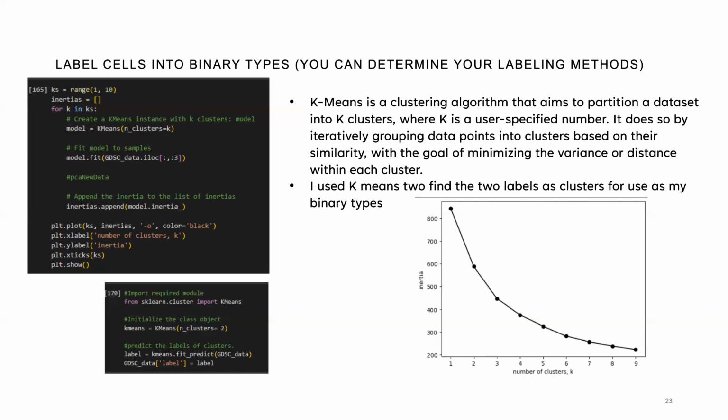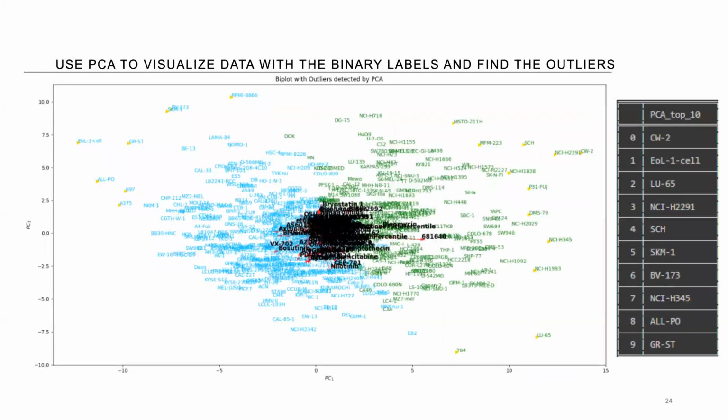The next step was to use PCA to visualize the data with the binary labels and find the outliers. First, let me explain what we have here. This is a biplot where I applied PCA, which is a dimensionality reduction method.